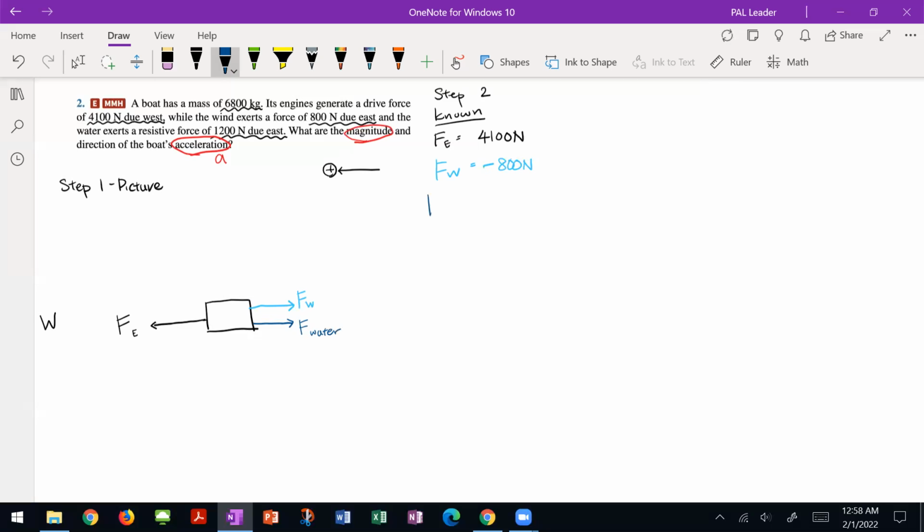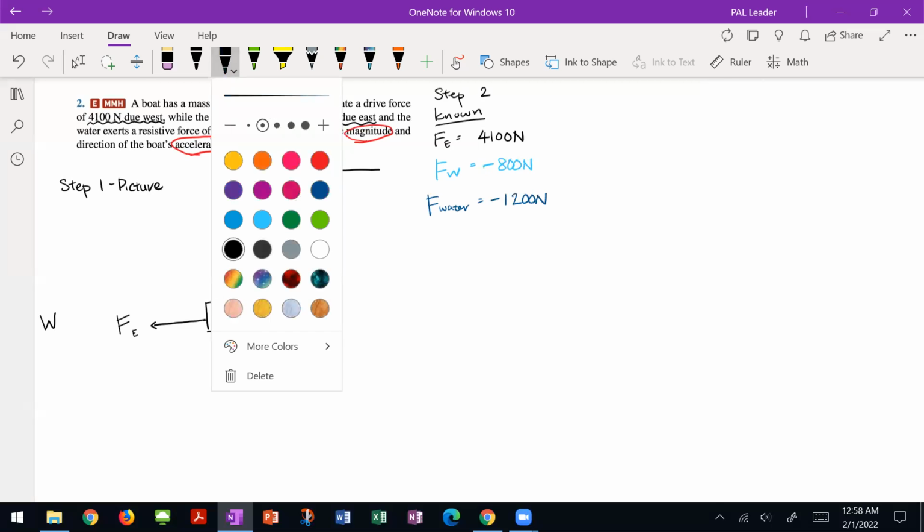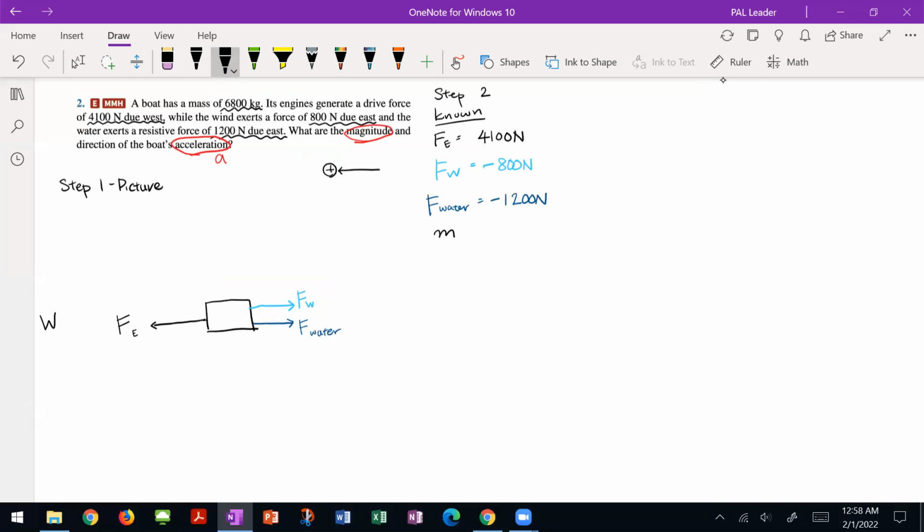Okay, which was negative 1,200 newtons. We also know that we have a mass for this boat, which is 6,800 kilograms.